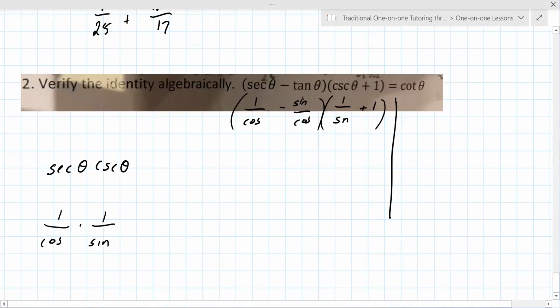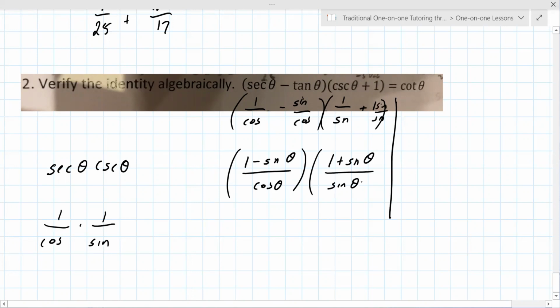Okay, let's go with your approach here and retract what I said. So this becomes on the left 1 minus sine theta over cosine theta. And then on the right here, you make this sine over sine, so it becomes 1 plus sine theta over sine theta. When you multiply the tops and the bottoms, you get 1 minus sine squared theta, because it's a minus b times a plus b.